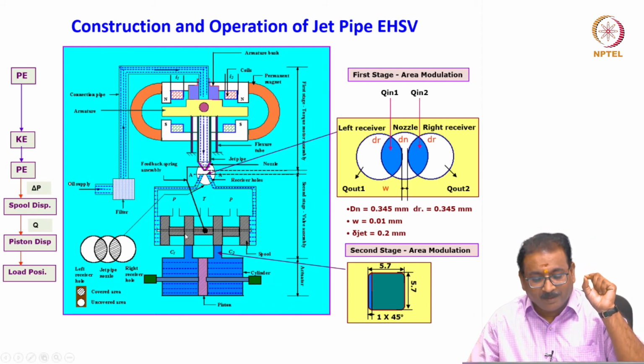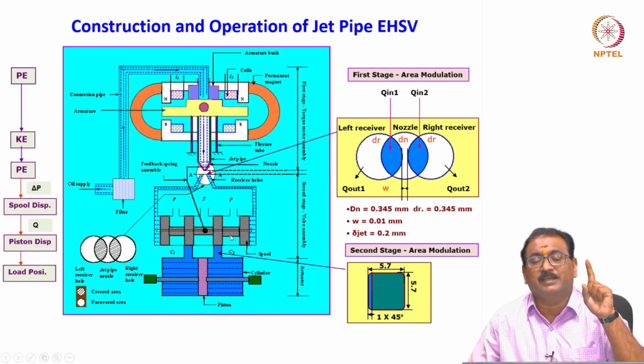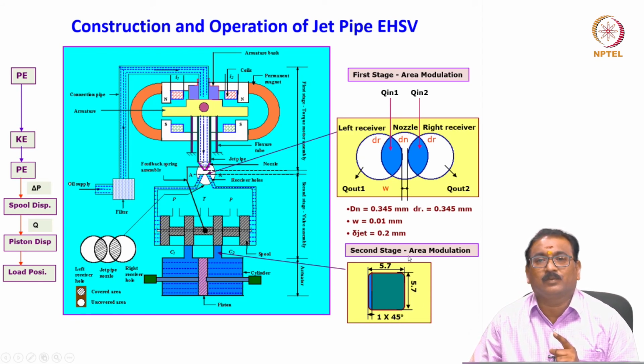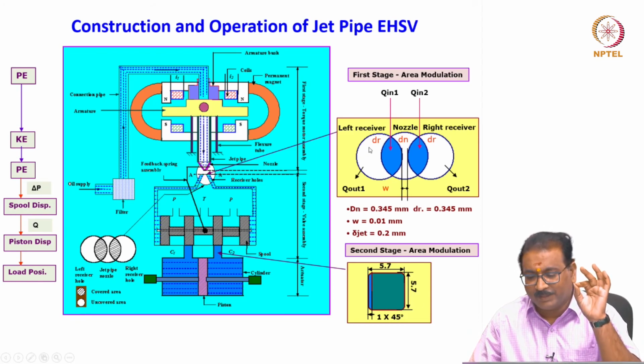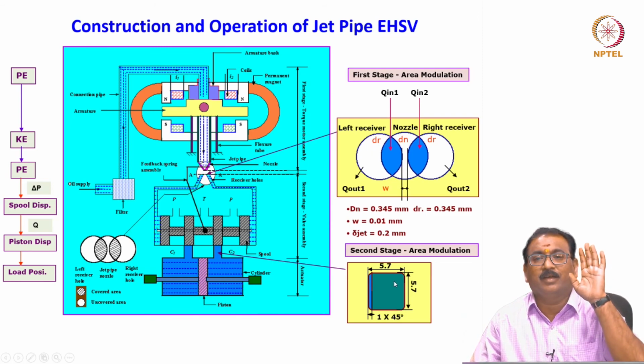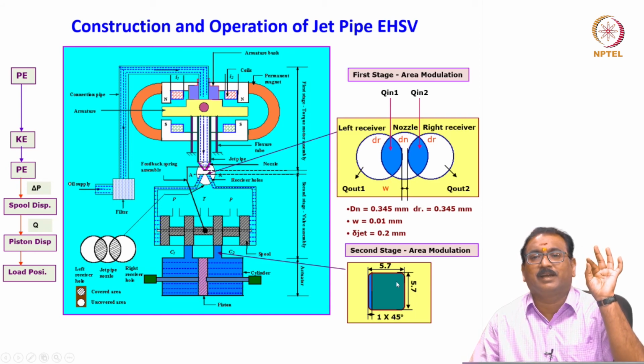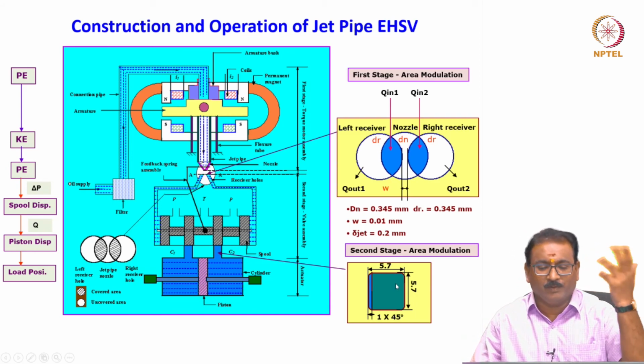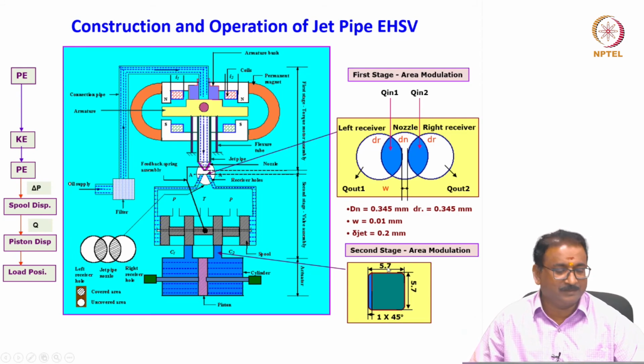Then you will see how to control this spool very precisely. You must calculate the second stage area modulation also, because the first stage and second stage area modulations are very important in the finite element modeling, because we have to input them in the model. I will show you later, no need to worry now, friends.